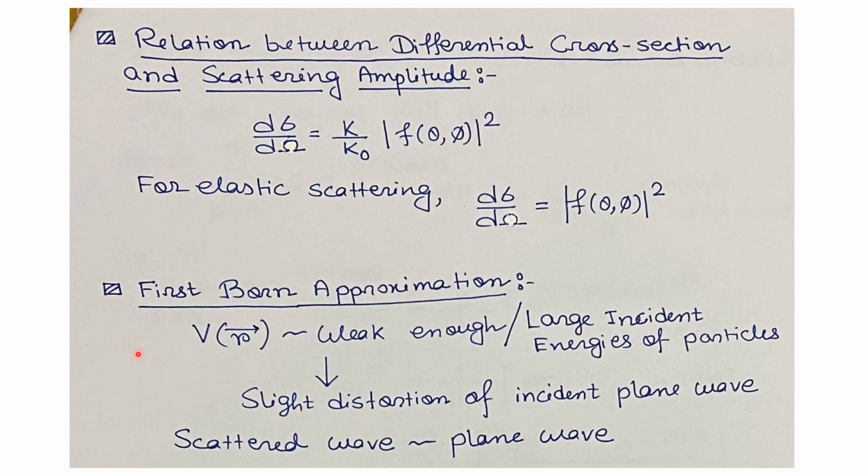This approximation tells us if the scattering potential or the target potential V as a function of r vector is weak enough, or we can say the incident particle energies are large enough compared to the scattering potential, then there will be slight distortion of the incident plane wave. In such a case, we can approximate the scattered wave as a plane wave.